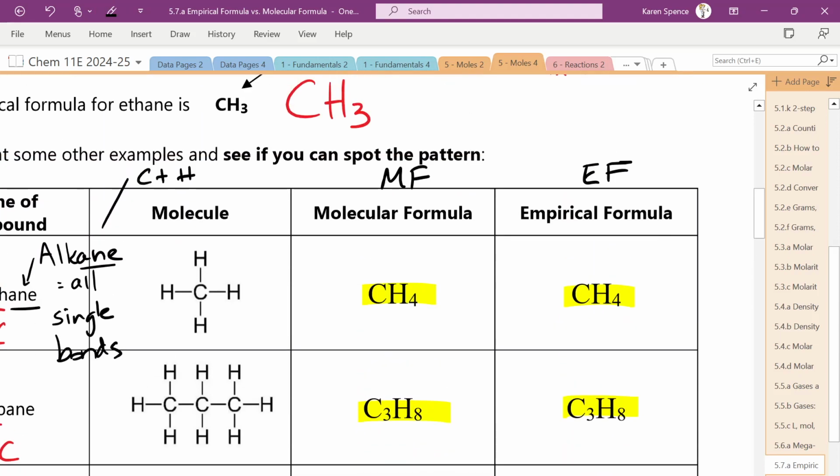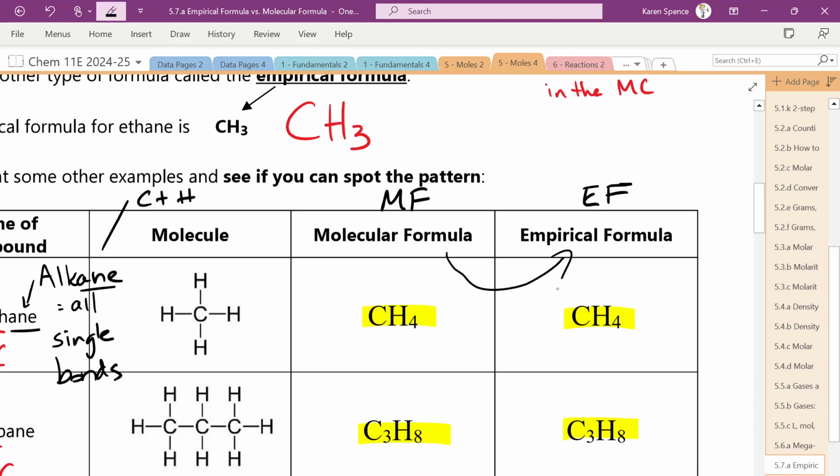Okay, so what do we have to do to get from our molecular formula to our empirical formula?